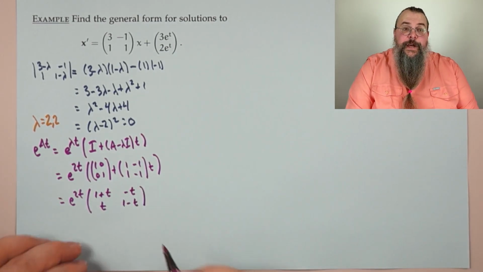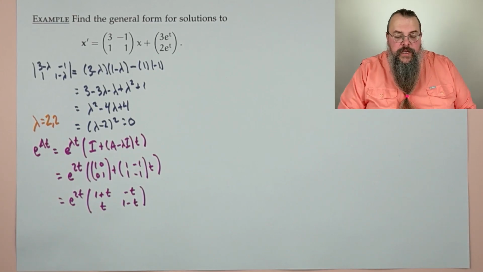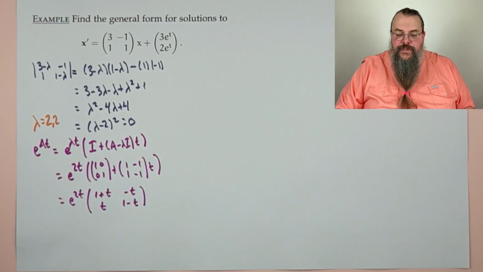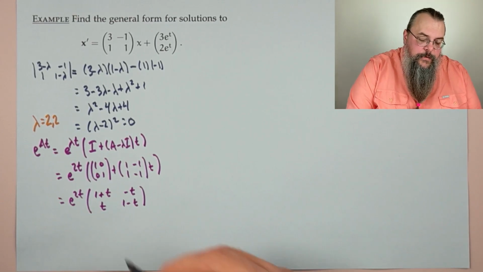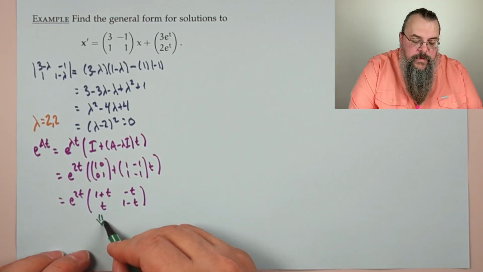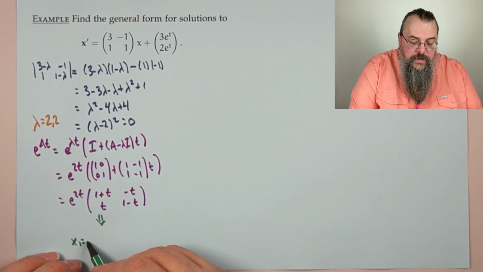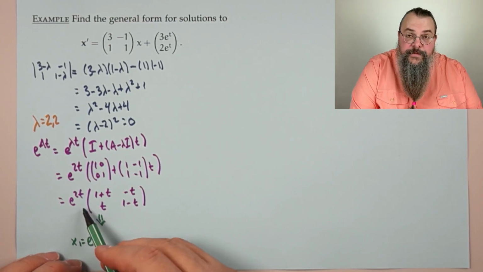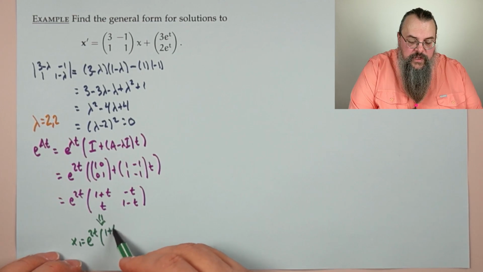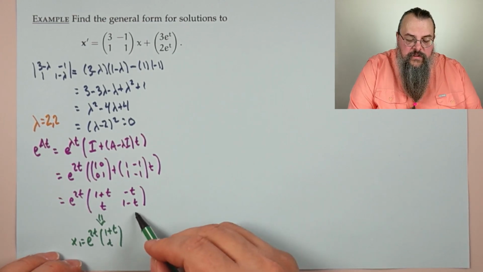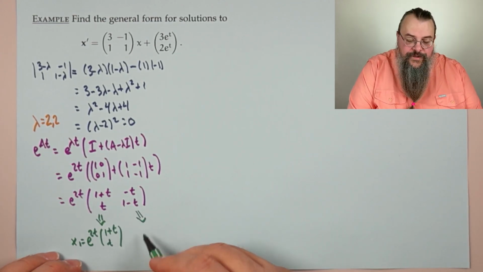All right, now from this, we can get our solutions. How do we do it? Well, the first column will be our first solution. So x1 is e to the 2t, don't forget the part in front, times [1 plus t, t].